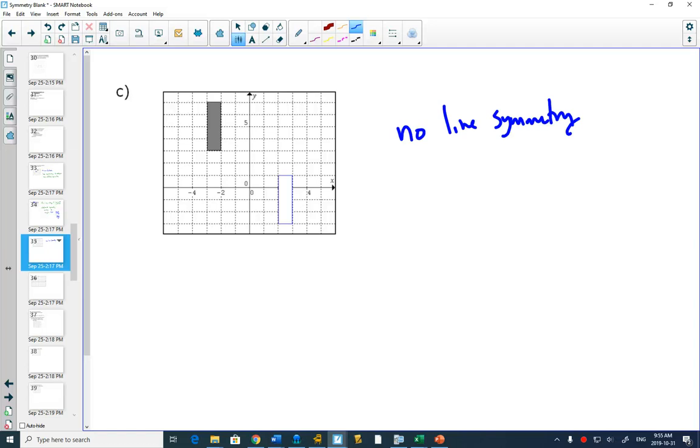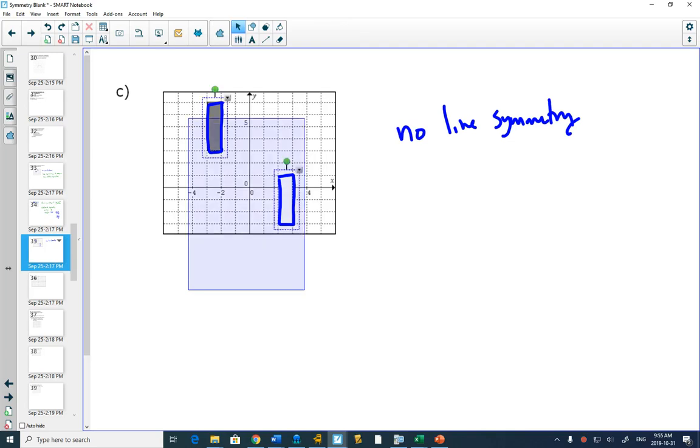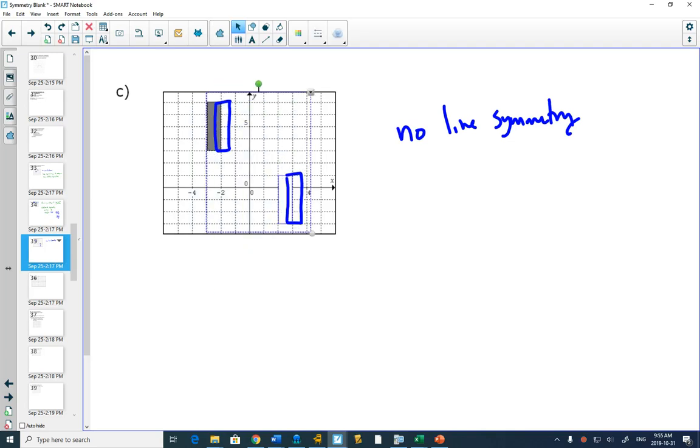To check if this has rotational symmetry, again, I would trace it out. Trace that box out, trace that box out. Oh, there we go. Take it, rotate it. Bing!